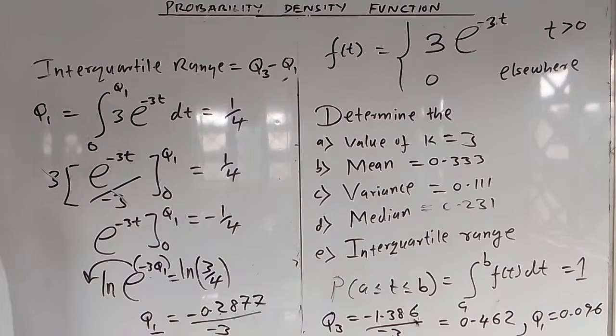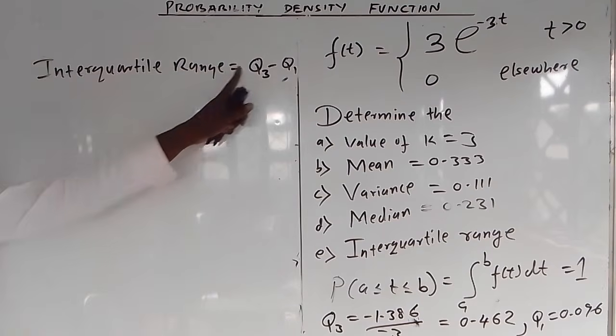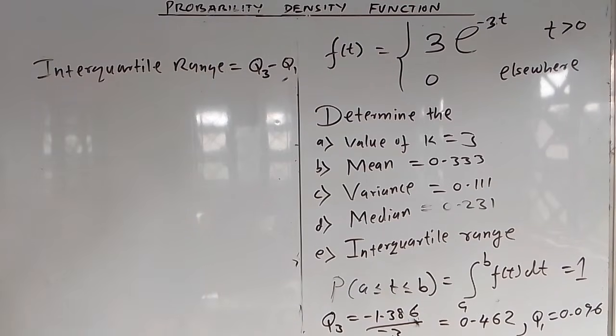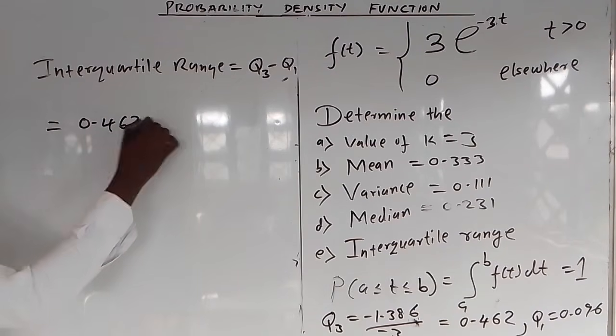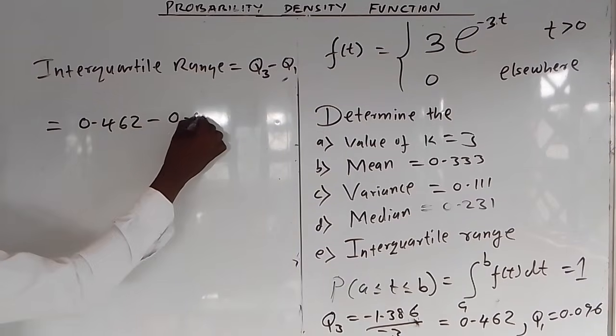So q1 you found is 0.096. After finding q1 and q3, you now go back to your interquartile range, isn't it? The interquartile range is q3 minus q1. So q3, which was the upper quartile, was 0.462, minus q1, which is the lower quartile, 0.096.